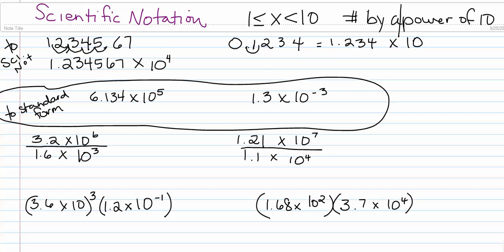Well, I took a number that was very small, and I made it just a little bit bigger. So in order, if I wanted to get back to that really small number again, I need to have a small power of 10 that I'm multiplying by. And that small power of 10 is going to be a negative 1. Since I moved 1 to the right, I need to use a negative exponent.